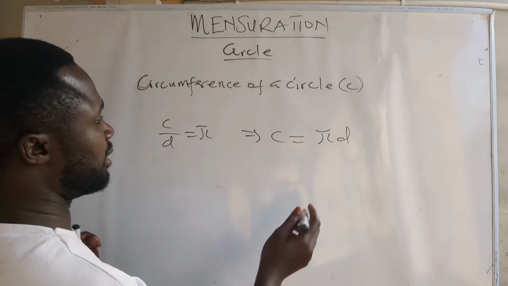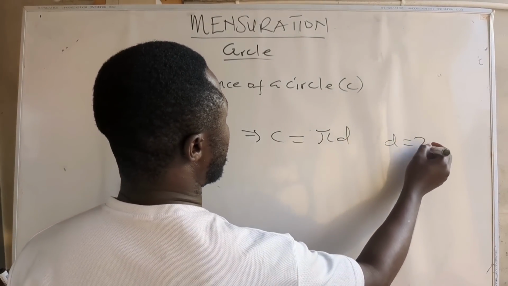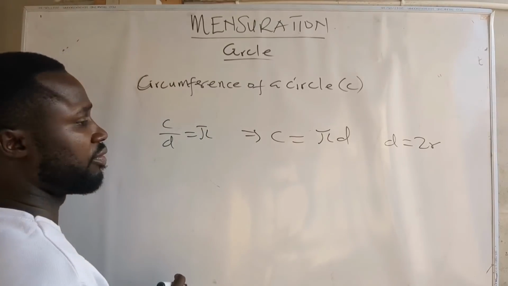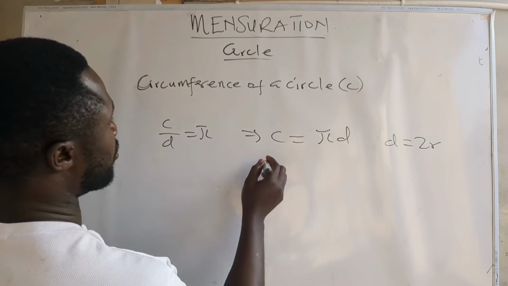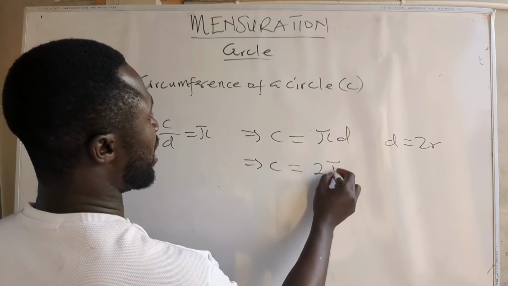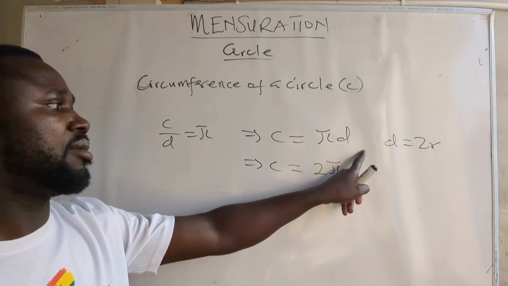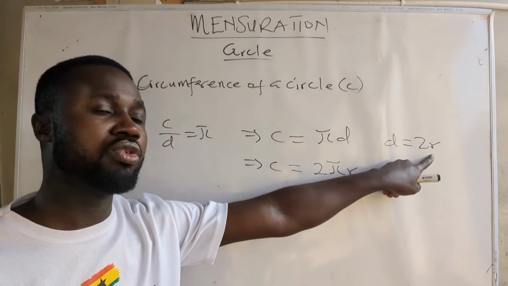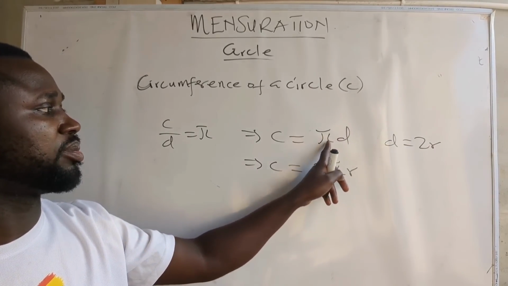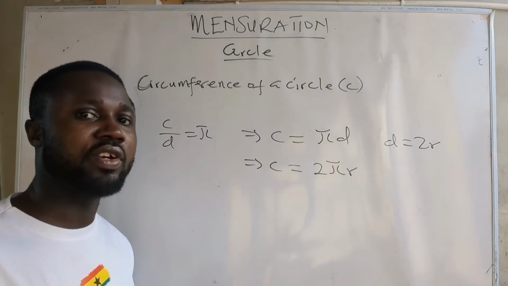And the diameter can also be 2 times the radius. So my circumference becomes 2 pi r, where the diameter is 2r. So 2r times pi gives me 2 pi r. So that is about the circumference of a circle.